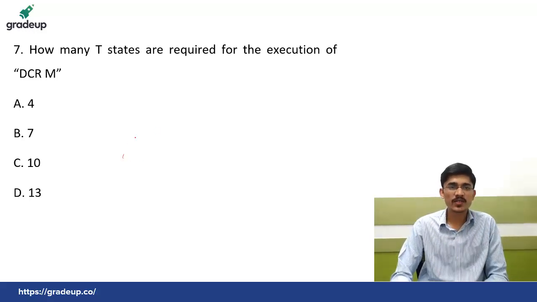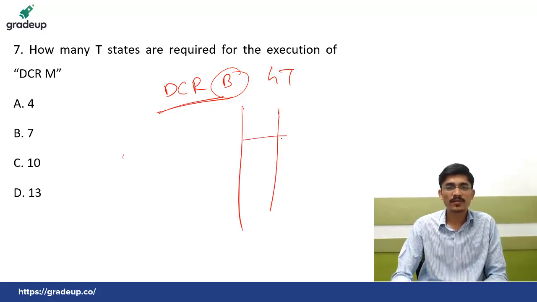See guys, for the execution of decrement B, that is if you are going to decrement the contents of B, it will require 4 T states because B register is within the microprocessor, but here you are going to decrement the contents of the memory location.